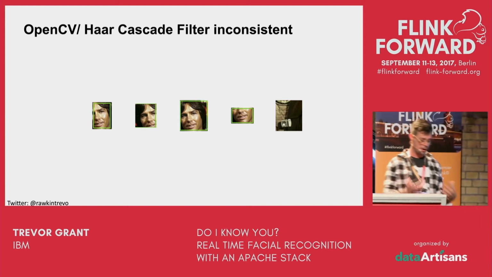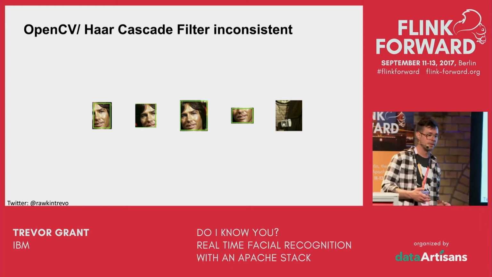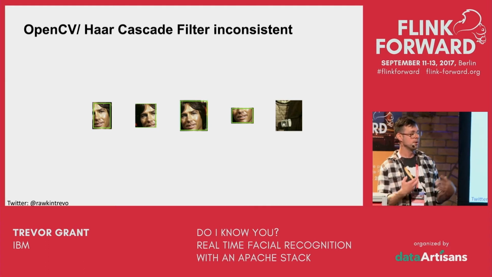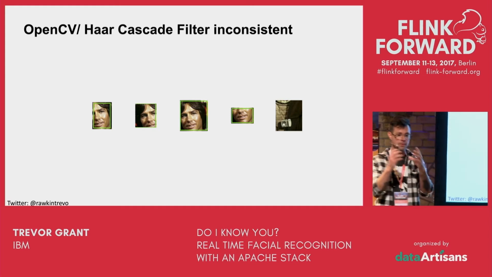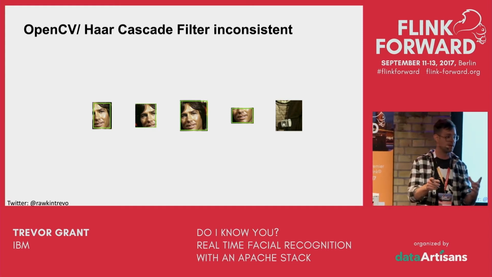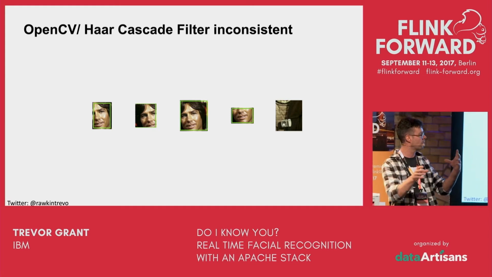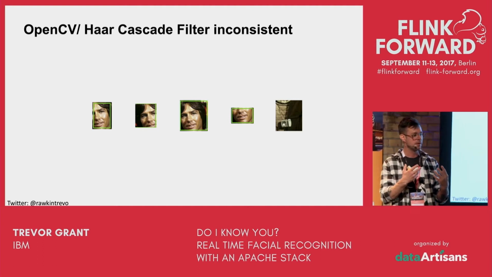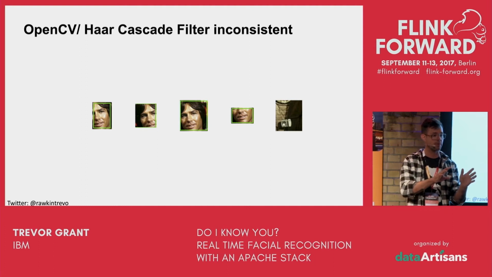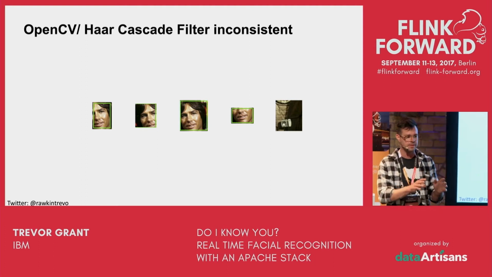Now, because we know something about the domain we're working in, and we know that humans don't randomly appear and then disappear, if you are in one section of a frame of video and you have the same person, that's probably the same person. Even if they look a lot different for a frame or two, it's probably the same.